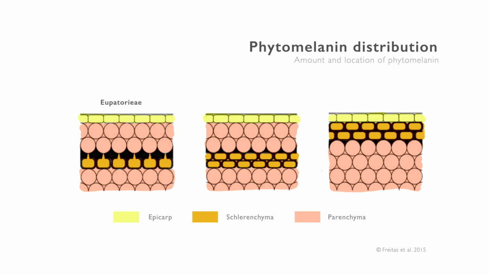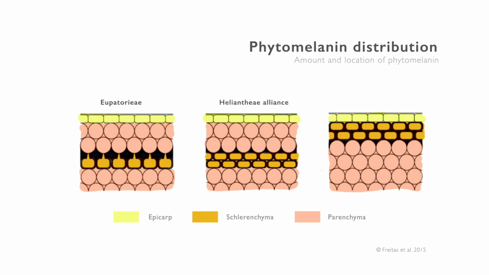So the type on the left is what is known in the Eupatorieae. Notice how the phytomelanin is always associated to the sclerenchyma, but in the case of the Eupatorieae, between the sclerenchyma and the phytomelanin and the epicarp you have a layer of parenchyma.